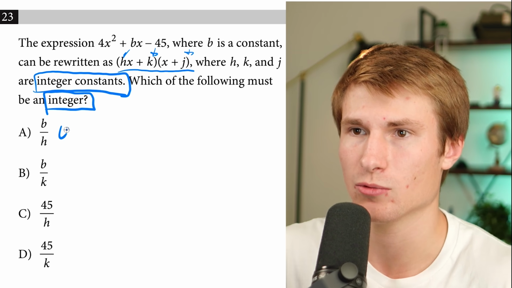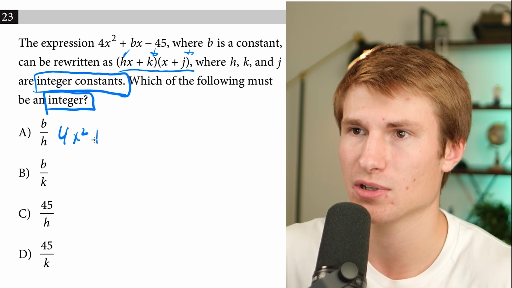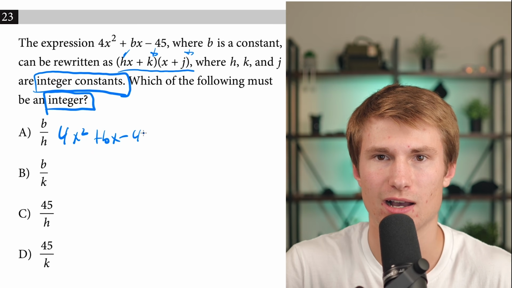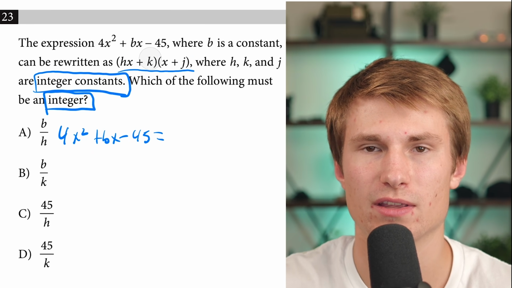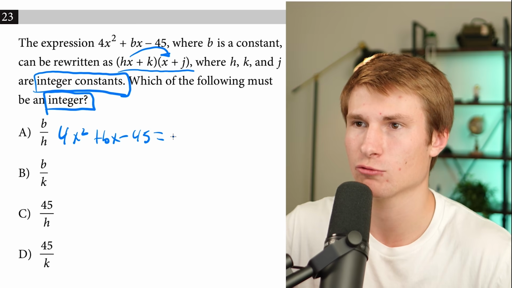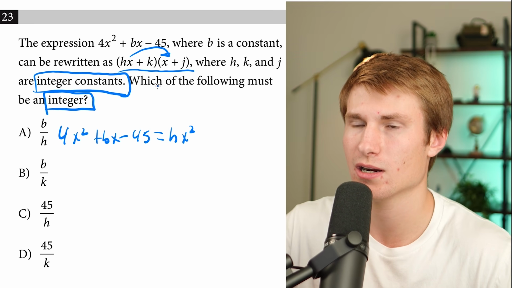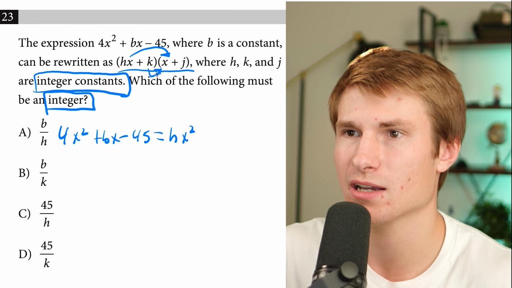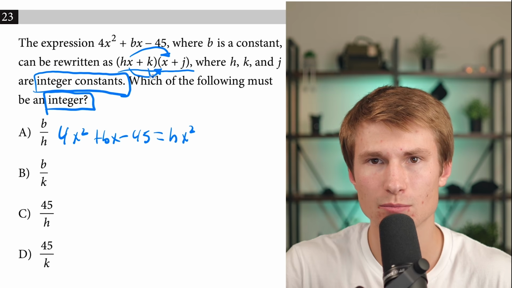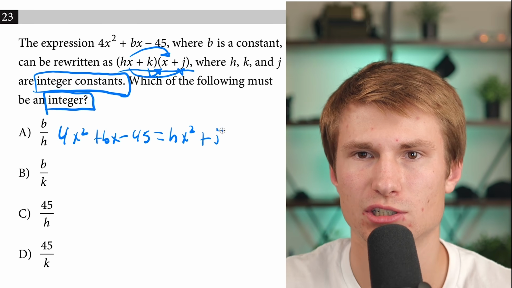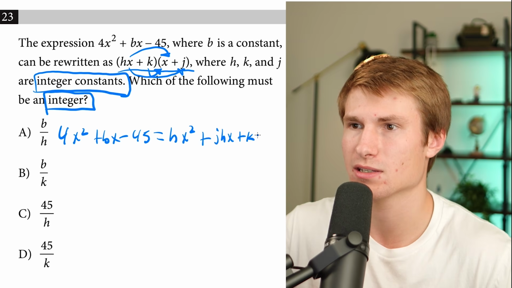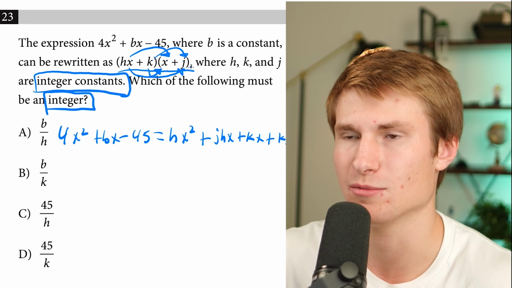I'm going to end up with 4x squared plus bx minus 45 is going to equal, and now we'll expand this: hx squared, plus jhx, plus kx, and then a plus kj as well from this k times j.